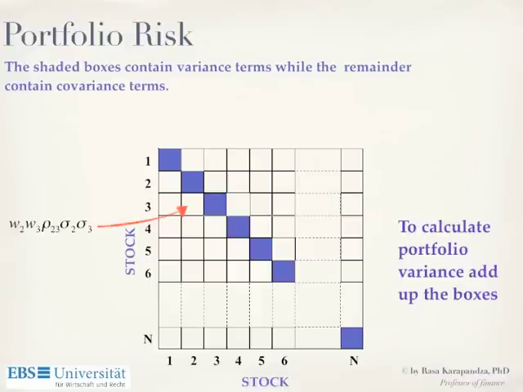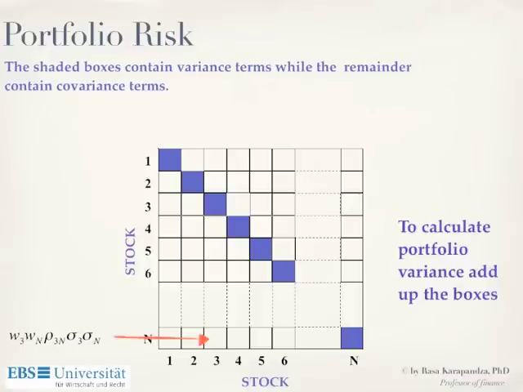You just fill in this table. And you see, the element in row number 3 column number 2 is the same as row number 2 column number 3. Now, again, you can do it for some nth stock and stock number 3.